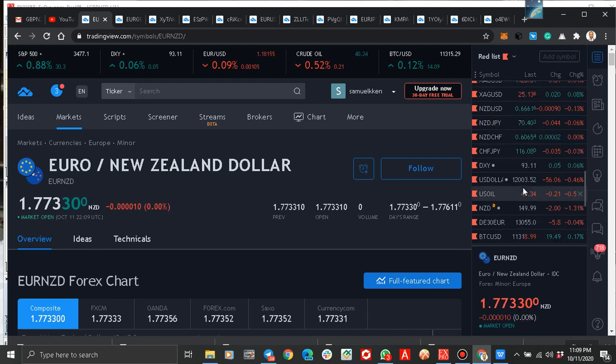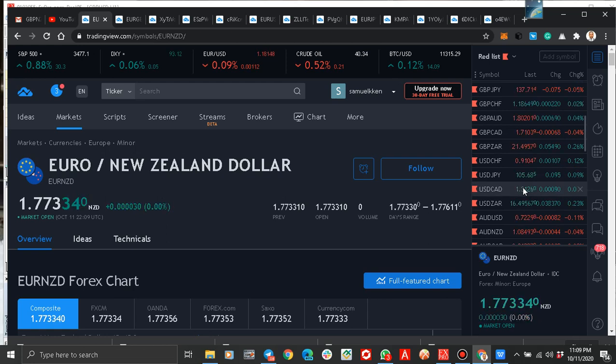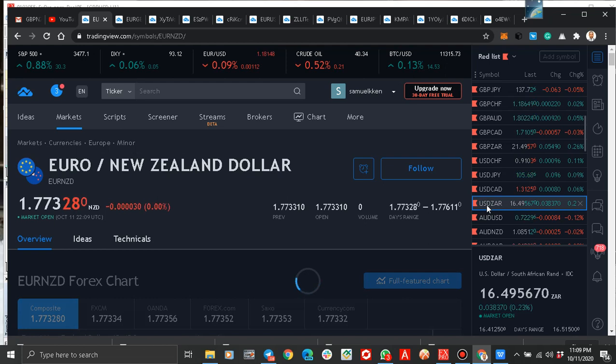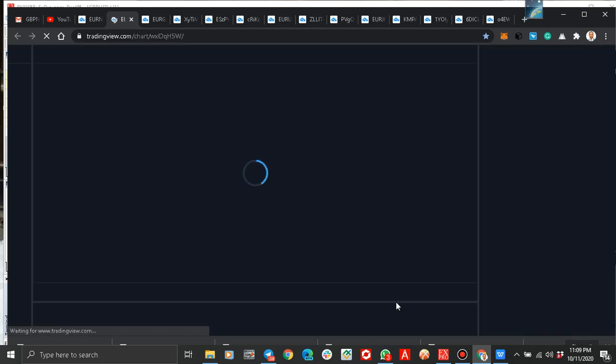Okay, USD ZAR. Let me see what's happening here. It's been long. I haven't visited the charts, so let me use this little time I have to say something about it. Slow network.